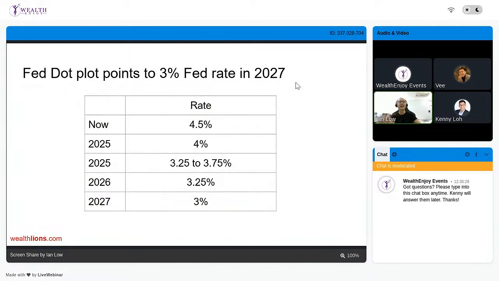And in 2027, 3%. So I got this from the dot plot. From the dot plot, over the next 3-4 years, if things go according to the dot plot, it will be 3%. It will be a very, very gradual drop.